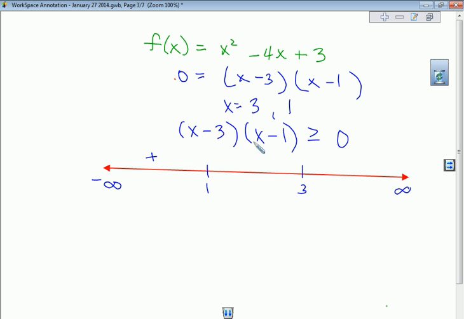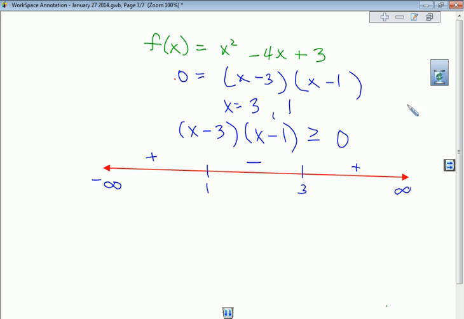I get a negative times a positive, which is a negative. And then I test a value in the third interval, like 4, and I get a positive times a positive, which is a positive. So we know the intervals over which this function has a positive value and a negative value, don't we? And we also know where it actually equals 0.